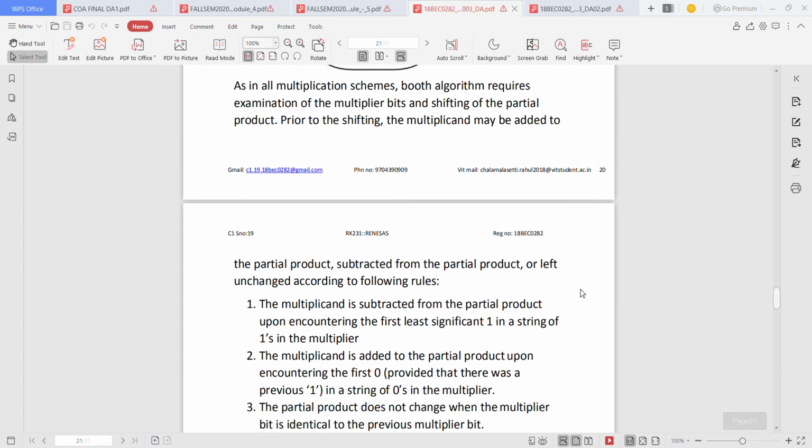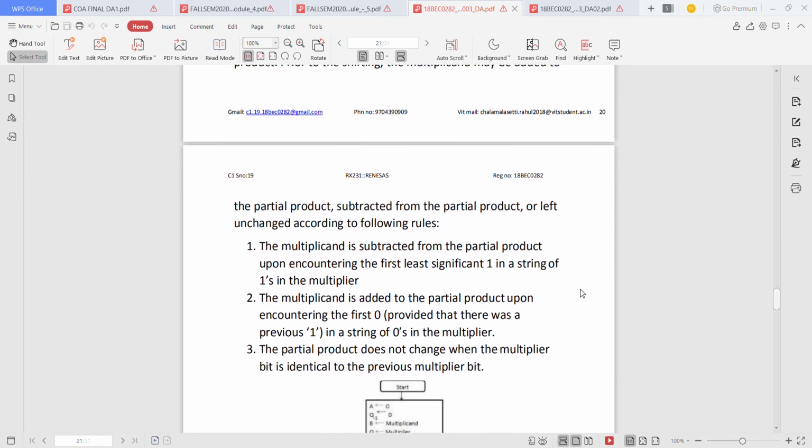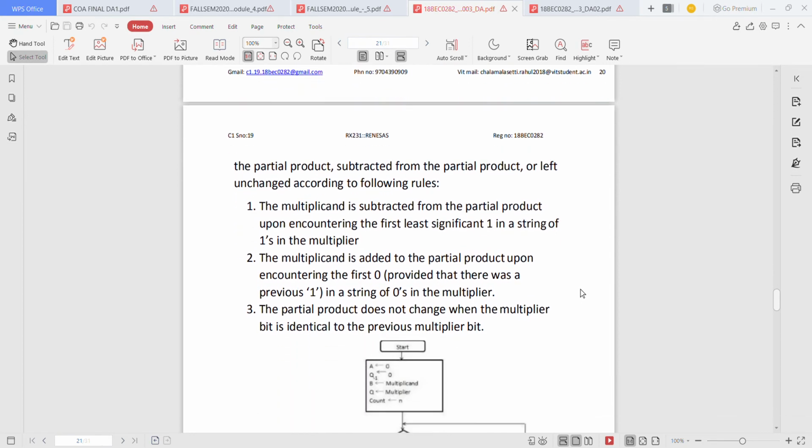As in all multiplication schemes, Booth's algorithm requires examination of the multiplier bits and shifting of the partial product. The multiplicand is added to the partial product, subtracted from the partial product, or left unchanged according to the following rules.